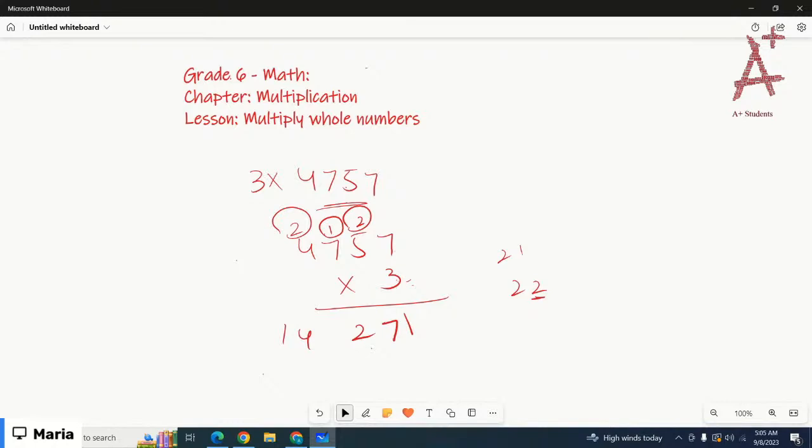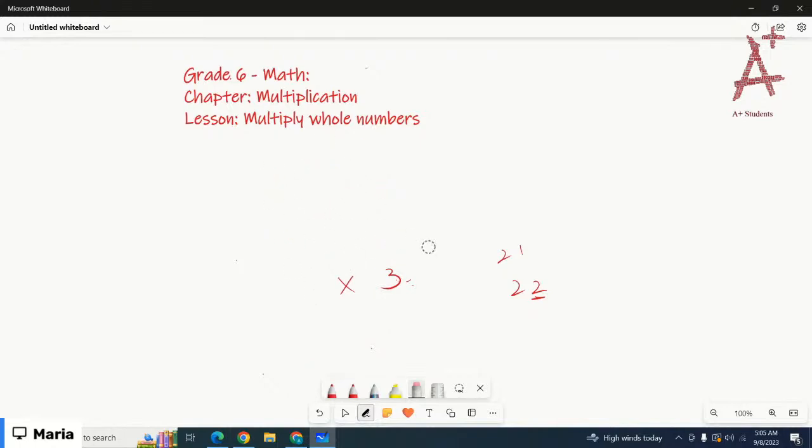Okay, the next one is 9 times 411. Let's just do another example. So rearrange the numbers, write the one that has fewer digits at the bottom, right?